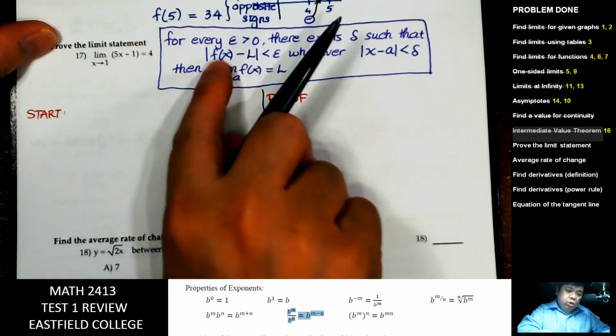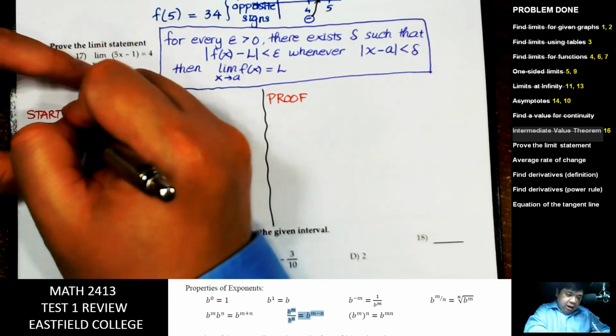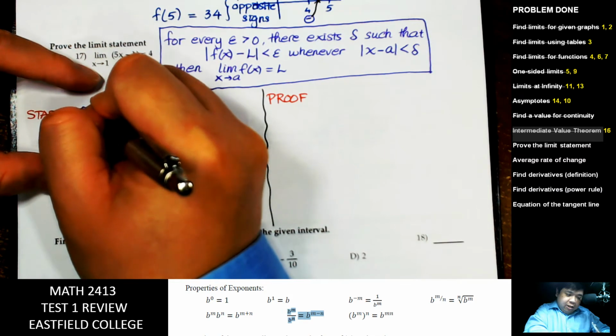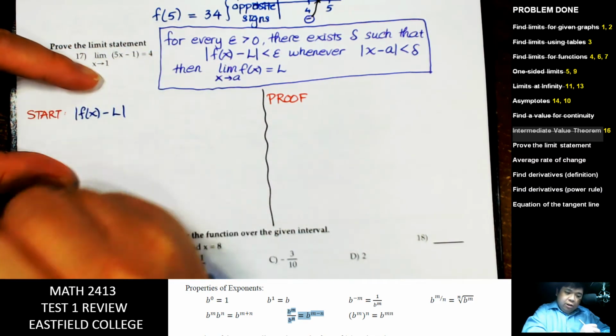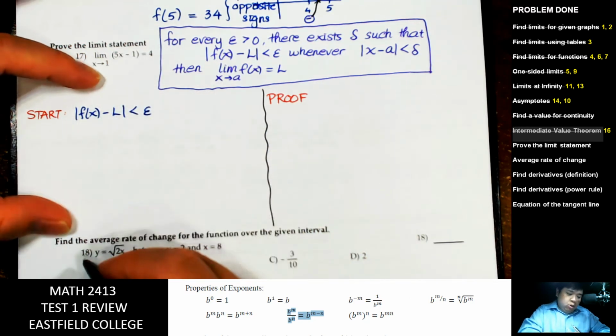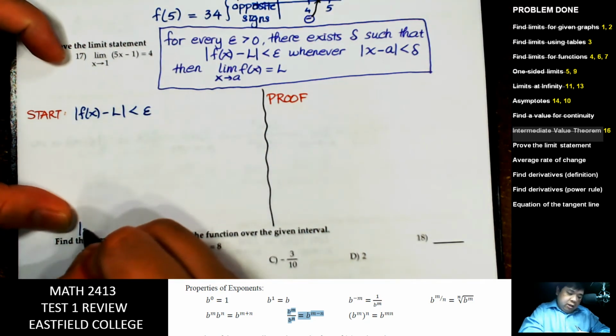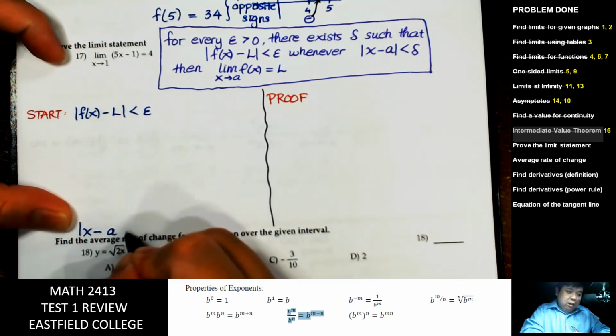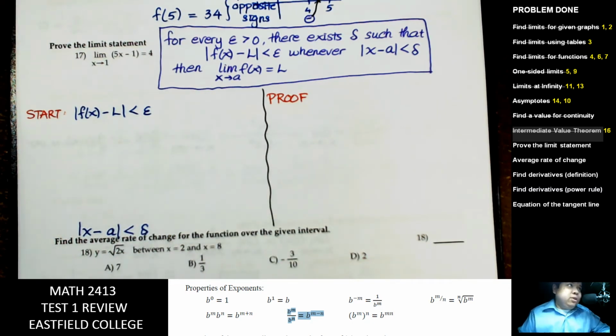To start with, we just write this: |f(x) - L| < epsilon, and we're supposed to end up with |x - a| < delta. Alright, now we start.